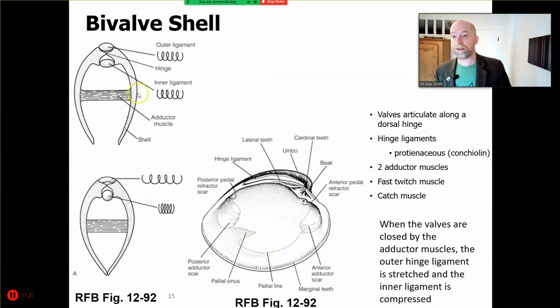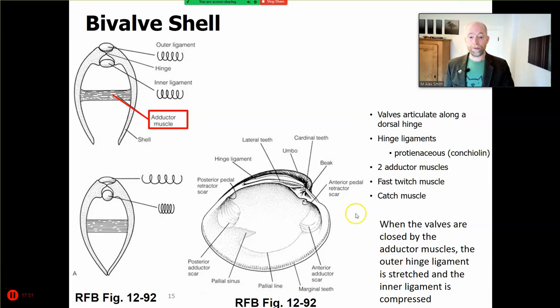So a little bit more about the shell: we've got these valves that are articulating along the dorsal hinge. We've got hinge ligaments, and then 2 adductor muscles that are fast twitch. And when the valves are closed by the adductor muscle, the outer hinge ligament is stretched and the inner ligament is compressed, and then the shell opens.